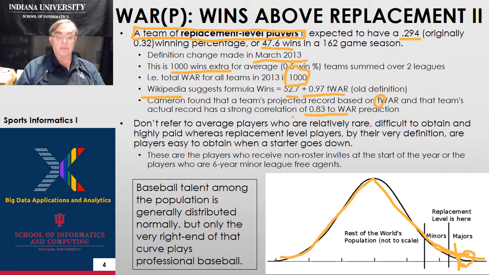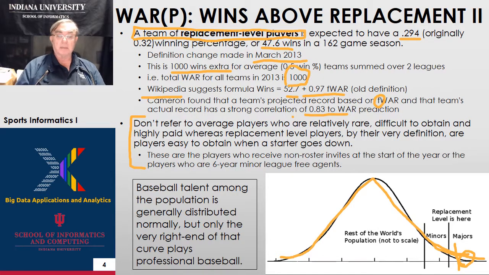And here we just emphasize again that we're not talking about average players. Average players are relatively rare, difficult to obtain. When your star is injured and you need to replace your star, you may or may not be able to find an average player to replace them. And these are people who are minor league free agents, spring training invites at the start of the year.